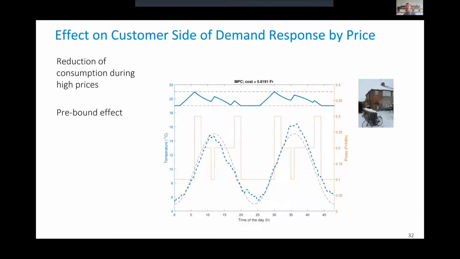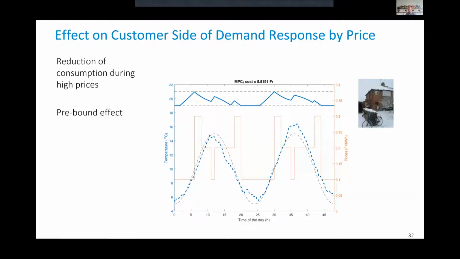It's an important effect, which in that case is called the pre-bound effect. At least some papers use that terminology, which means that if we do a demand response in some period of time, this will have an impact on the period before, because we have an MPC. In other cases, it will be after.